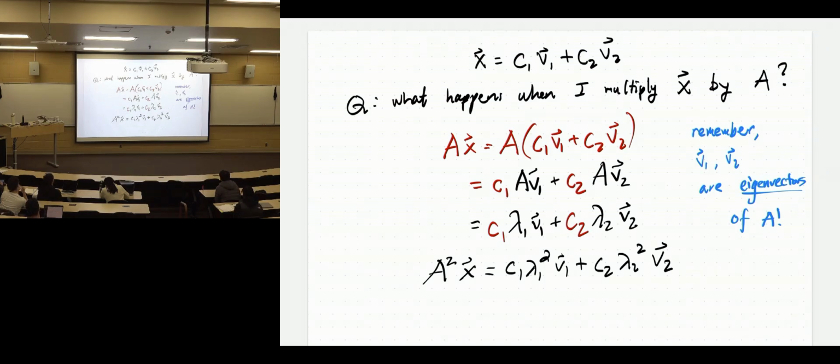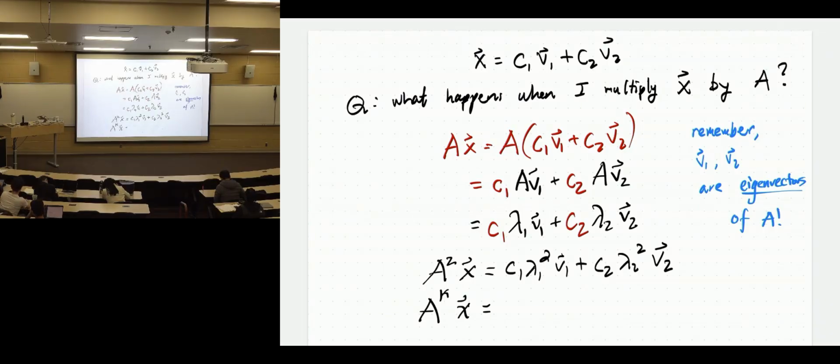So in general, instead of the number 2, what if I say A to the power of k, where k is some integer? What changes? What's the same? What does this expression on the right-hand side become? If instead of A squared, I'm looking at A to the power of k. What do I get?